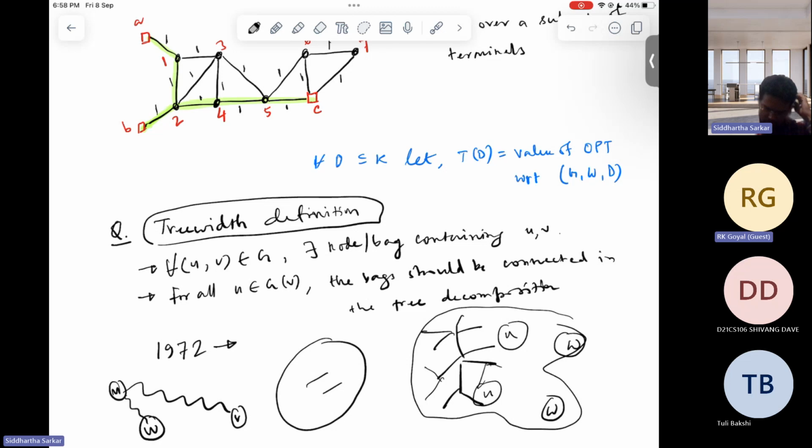But if there are vertices U and W which are in separate connected components, then of course there would be separate trees, right? Let me think about it. There is a vertex U in a connected component, there is a vertex W in a connected component, so U and W are definitely not in one node, or maybe, because this decomposition need not be unique.